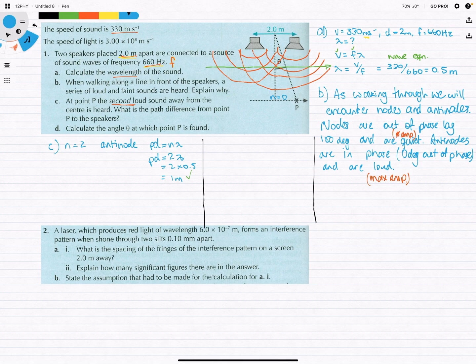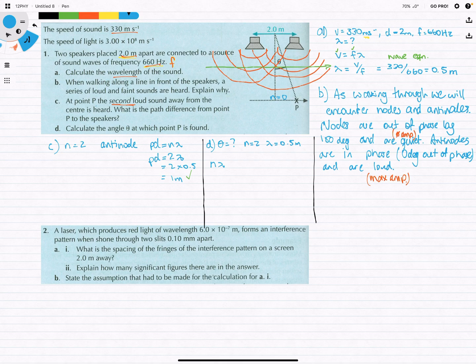Okay, and then D, calculate the angle at which point P is found. So we're trying to find theta. We know n equals 2, we know lambda equals 0.5 meters. What's the equation we're going to need? It's the one that we had in our other worksheet, our quiz. n lambda equals d sine theta.